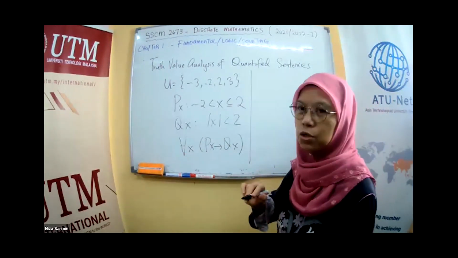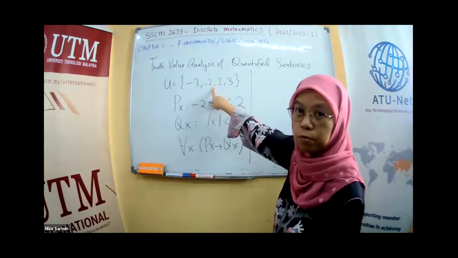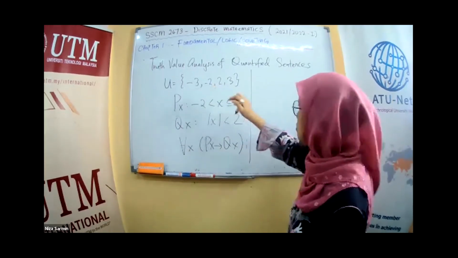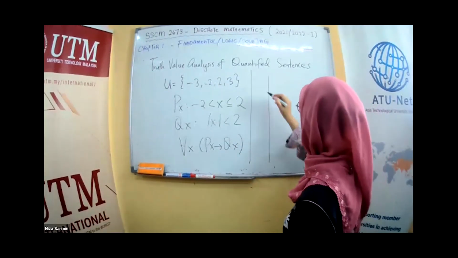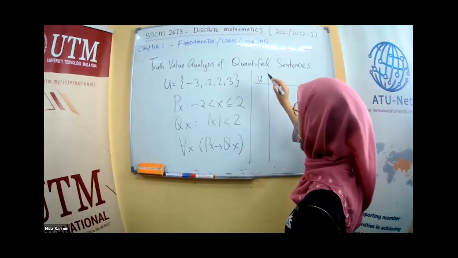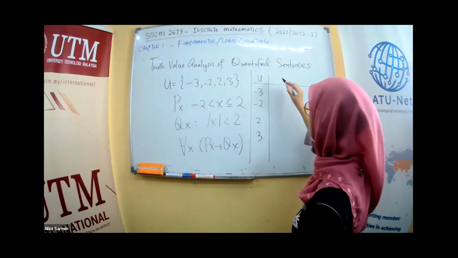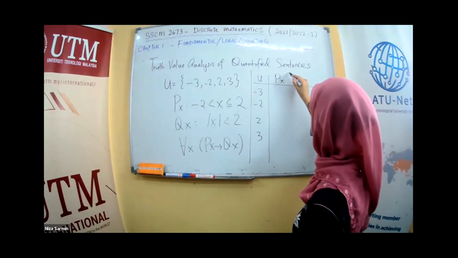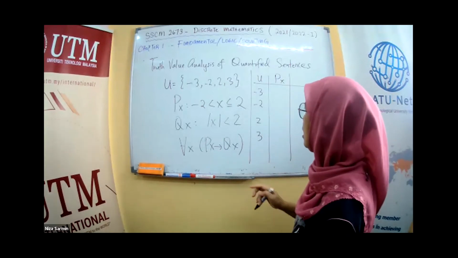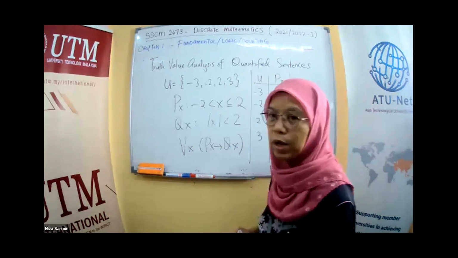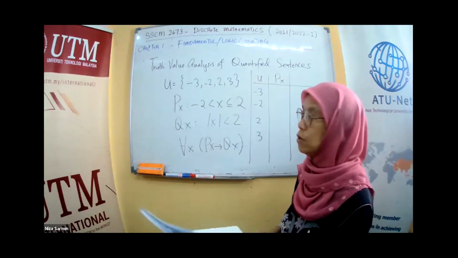Then what you need to do is put all the elements in U, and then you have the X, which is between -2 and including 2.